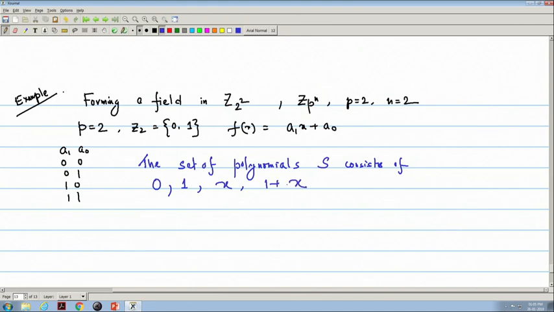So, this is my polynomial set, that means S is 0, 1, x and 1 plus x. So, these are my 4 polynomials.